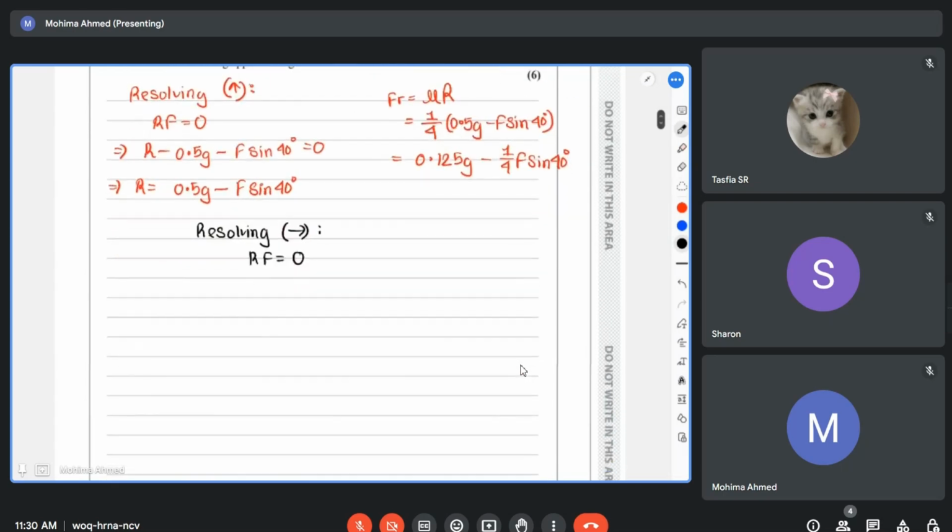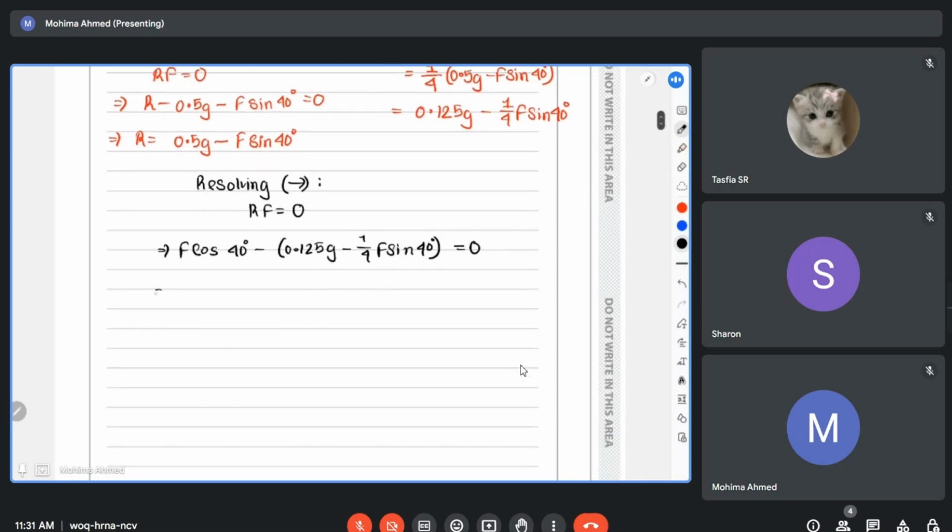So now you have F cos 40 degrees minus (0.125 g minus 1/4 F sine 40 degrees) equals 0, or you can write this in simplified format: F cos 40 minus 0.125 g, minus minus, you get positive 1/4 F sine 40 degrees equals 0.